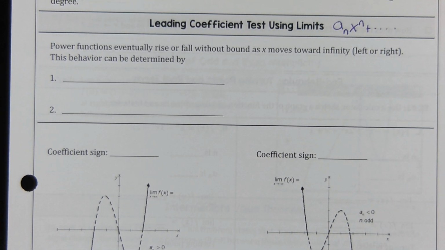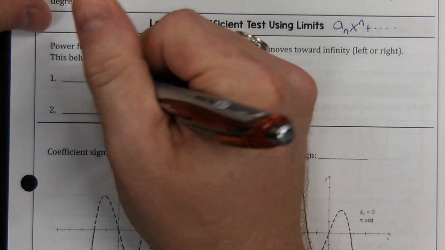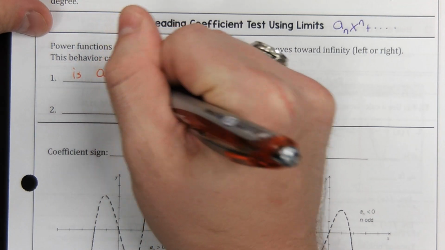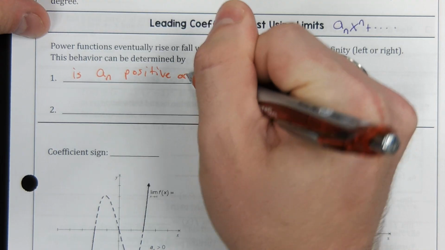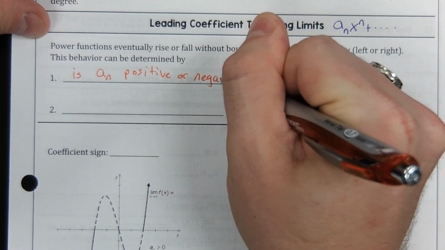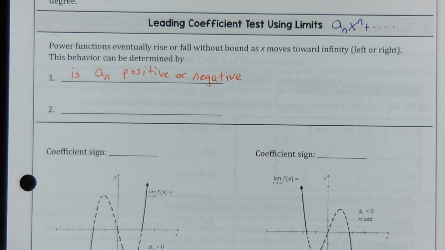We need to know two things. We need to know, is that leading coefficient, a sub n, positive or negative? And the only other knowledge we need is the degree of the polynomial.